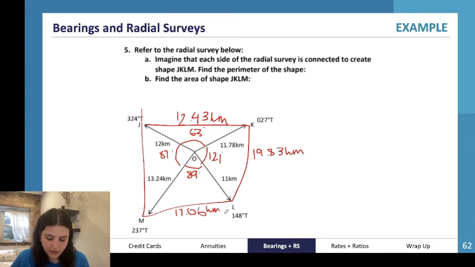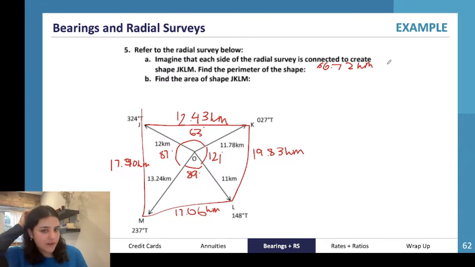And the last one, 13.24 squared plus 12 squared minus 2 times 13.24 times 12 times cos 87, square root it, and that's going to give us 17.40 kilometers. And so then we find the perimeter by adding all those together. So 17.40 plus 12.43 plus 19.83 plus 17.06 gives me 66.717. So we would write 66.72 kilometers.